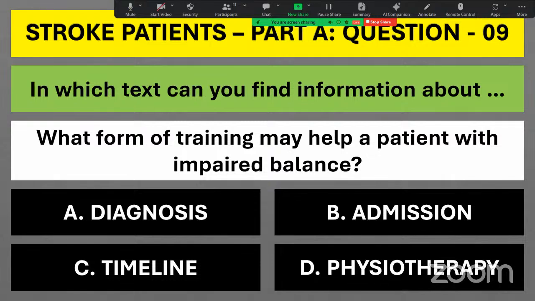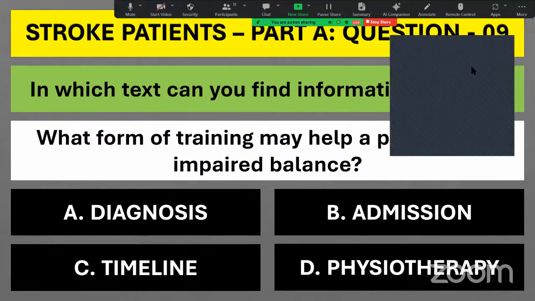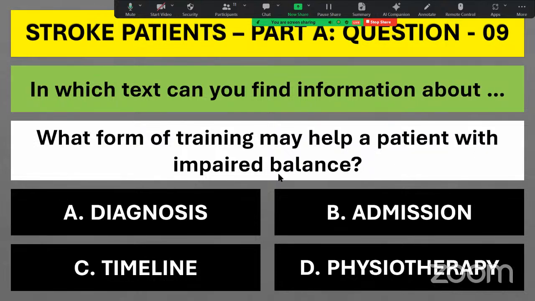Come on, A, B, C, D. So, yeah, it is in D. What form of training may help a patient with impaired balance? Impaired balance. Okay, now let us take this one.